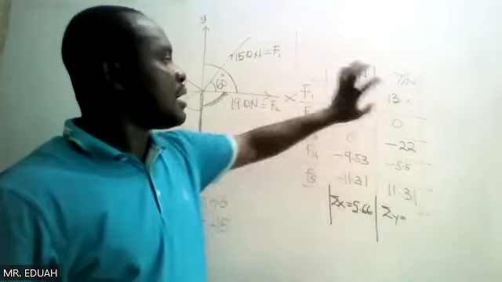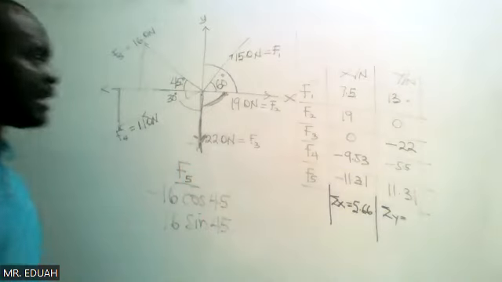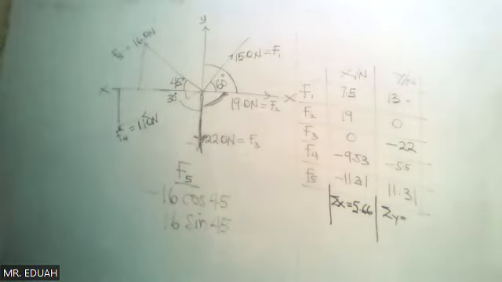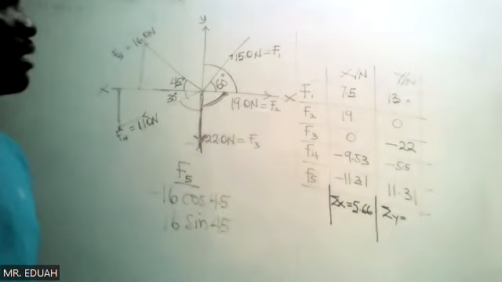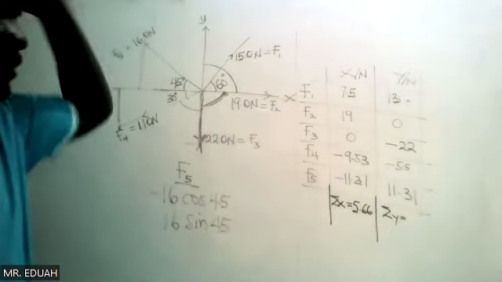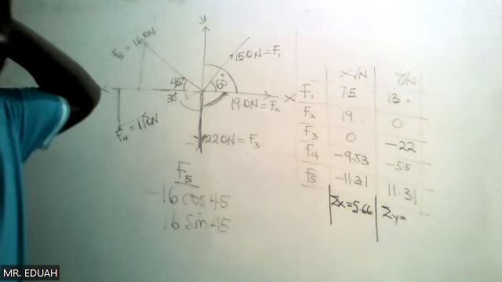Then summation of y. 13 plus 11.31. So this is 24.31 minus 27.5. So it should give us a negative value.